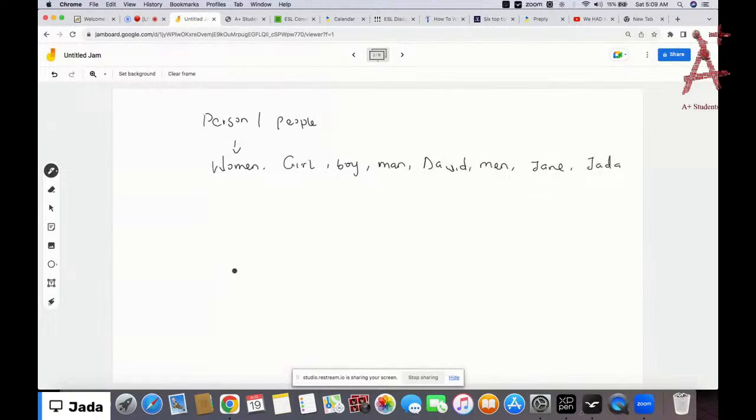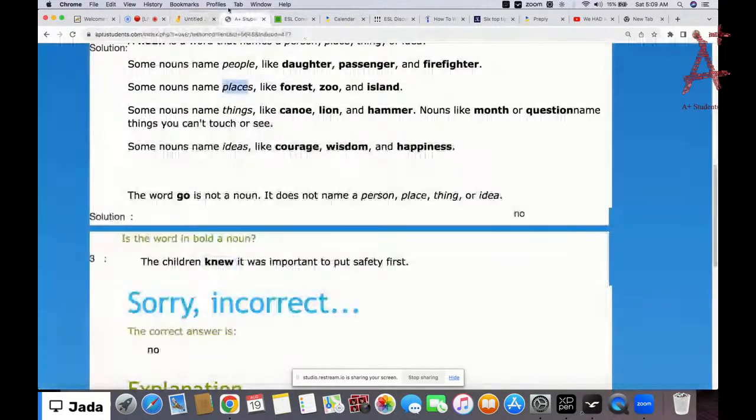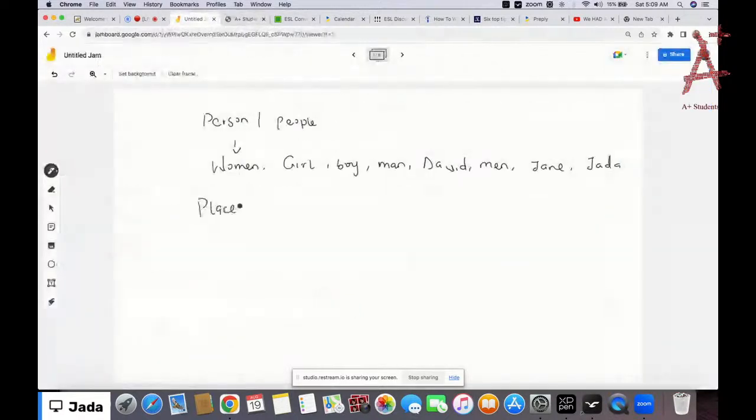So now, moving on to the next, it says places, right? So let's see some examples for places.